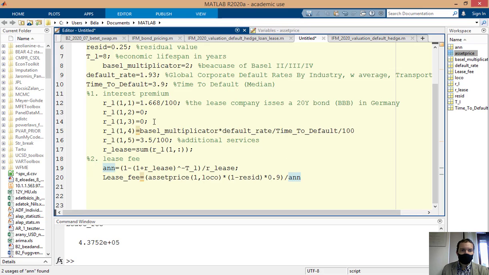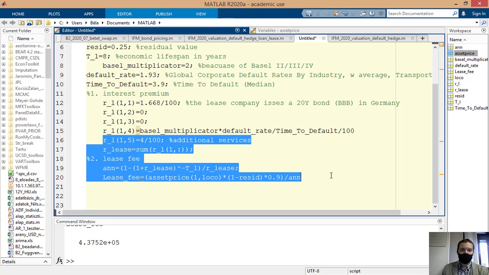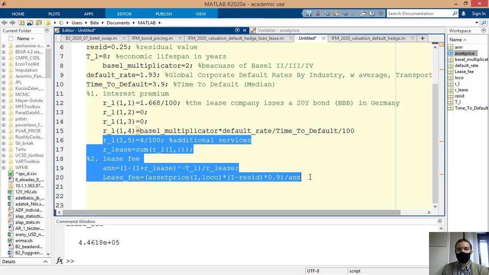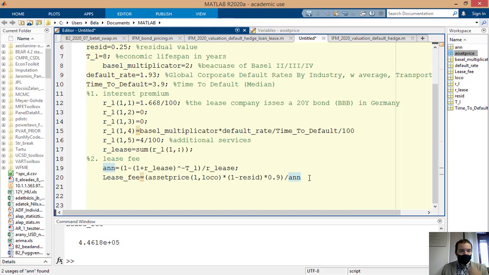Still we can say that okay, let's give some money to these people, so let's make this 4. Now it's good. Okay. So we did it. Now we have the lease pricing, but still we have to think about the following issues.